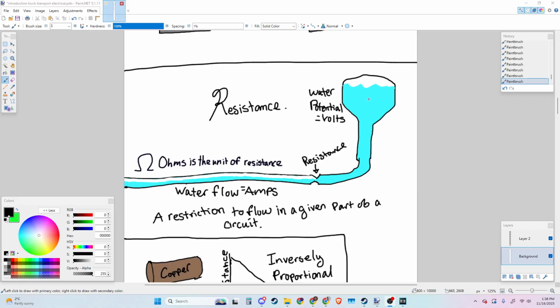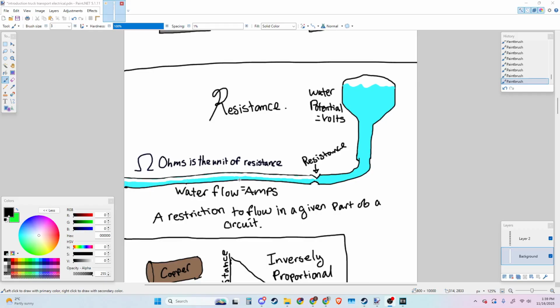Same amount of water, but now we have this restriction in this line, and throughout the rest of the line, you see this air that sits above there, so that your amperage is basically cut in half with this restriction. And that's how resistance kind of affects a circuit. So you still have your voltage, but you see as resistance increases, amperage decreases.